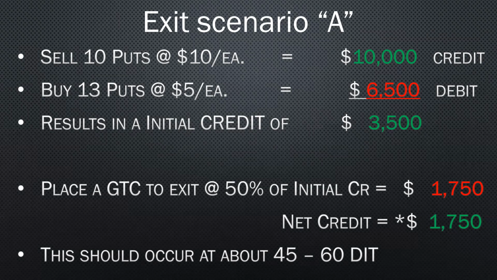You enter the trade, you look at what half of the initial credit is, you put the good till cancel order to close the trade at half of the credit received, you keep the other half. Now there's an asterisk next to the green $1,750. That means it's going to be slightly higher or lower based on slippage and commissions, but that's approximately what you could expect to earn from a successful SaVE trade.